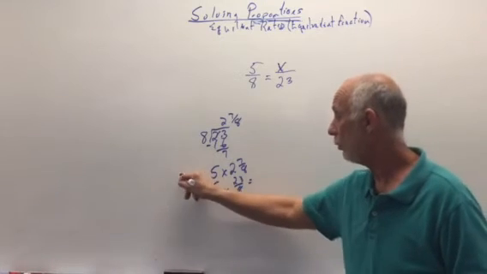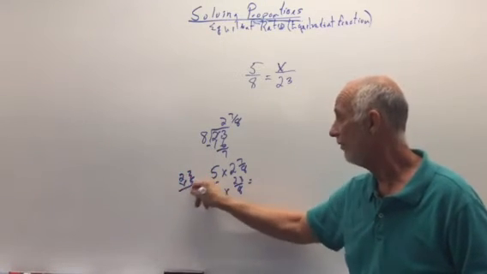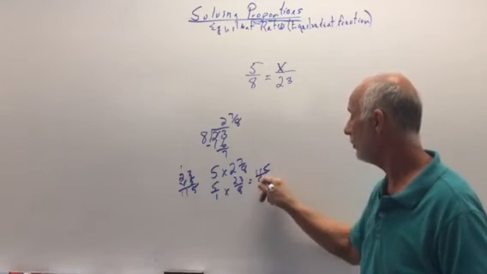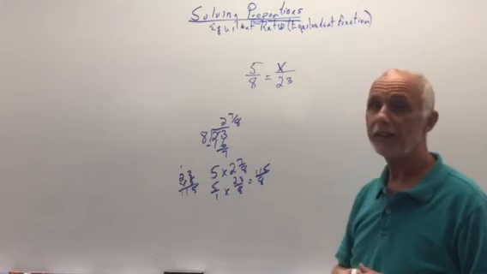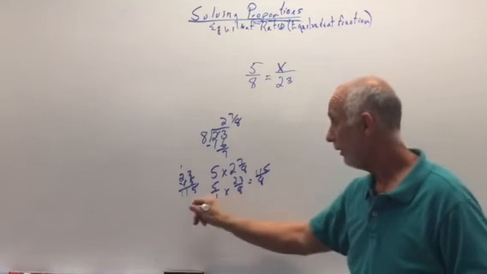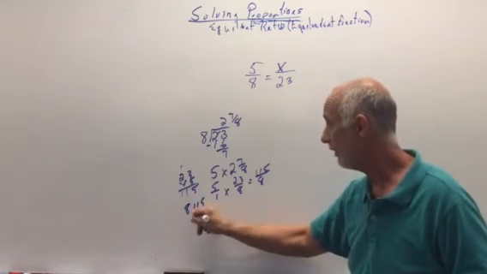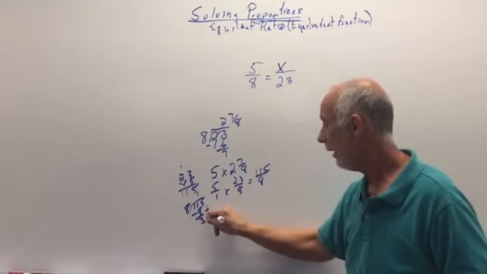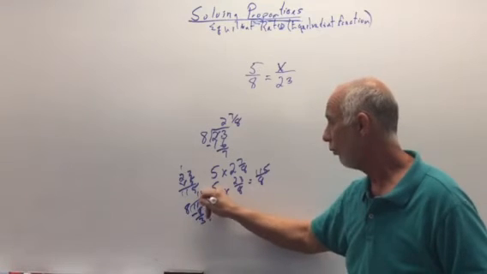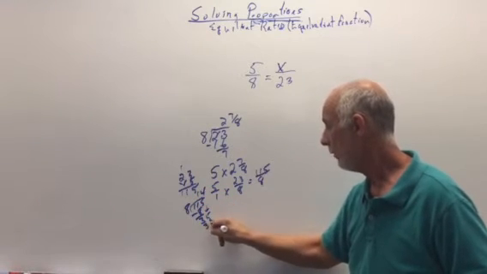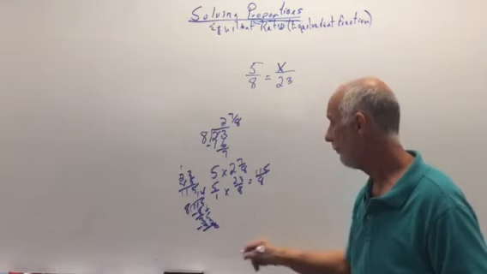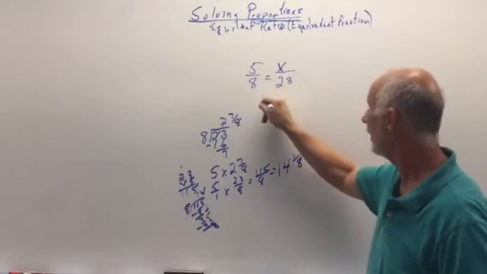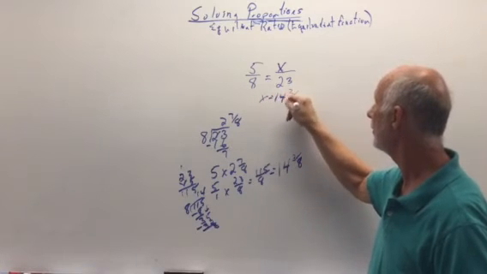No. So 23 times 5 equals 115, and 8 times 1 equals 8. What's wrong with 115 over 8? It's improper. So divide 8 into 115, and it goes 1 time, remainder 3, and it goes 4 times, remainder 3, and your answer is 14 and 3/8. So x equals 14 and 3/8.